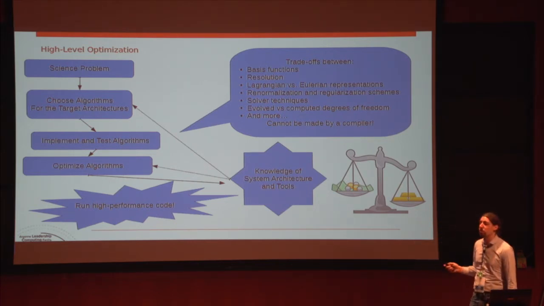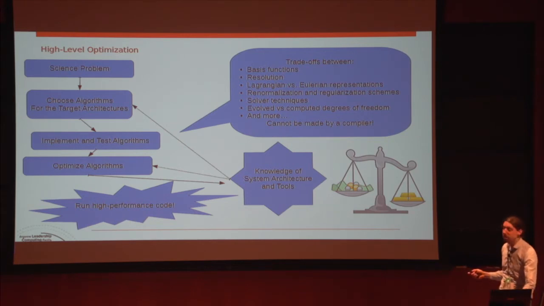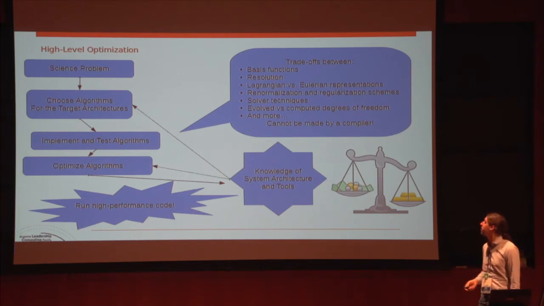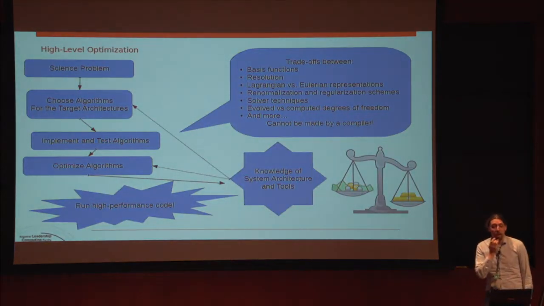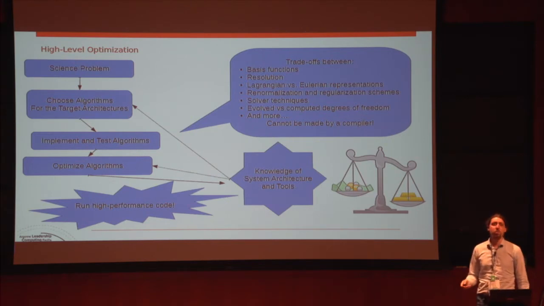I'm not really going to talk about these things in detail, but I put a list here of trade-offs where system knowledge can help. Things like how you choose the basis functions and the resolution, what kinds of representation you use, like a grid code or a particle code, what kinds of solvers you use and how you regularize or renormalize the solutions, and which degrees of freedom you compute dynamically versus which ones you evolve.